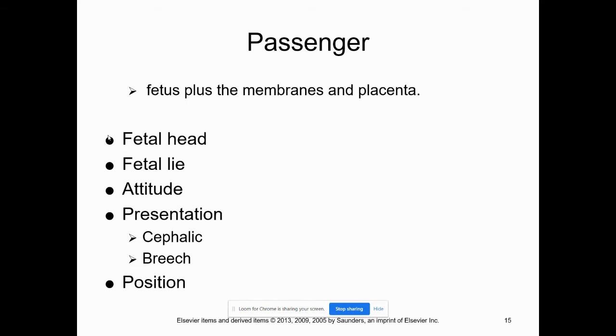So you might have a footling breech where you have a foot poking out, and we'll look at that closer. But the baby's position is also important within the womb. The most common and favorable position for the baby is left occiput anterior, by the way.